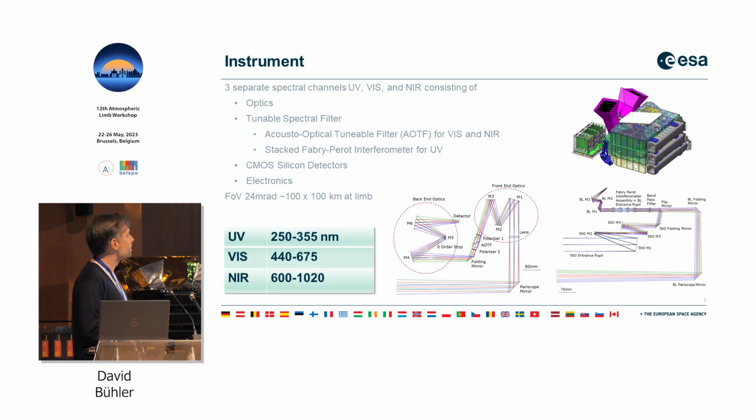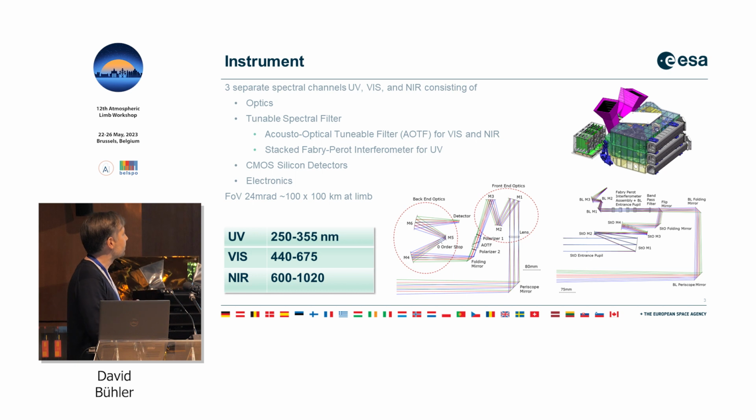So this is another slide that will be already familiar to you. These are the instruments. You can see a diagram at the top right, or the real copy here. These instruments are stacked on top of each other. The vis and near-infrared are both acousto-optical tunable filters.